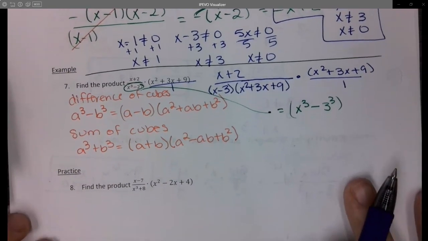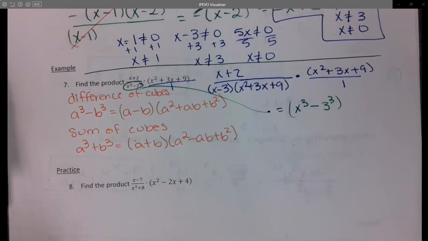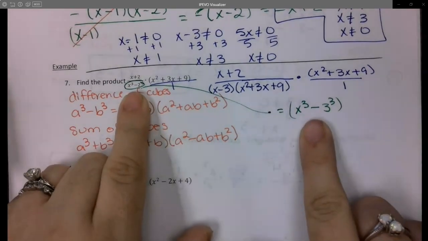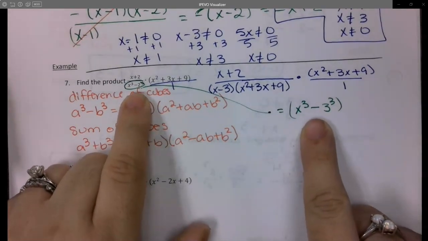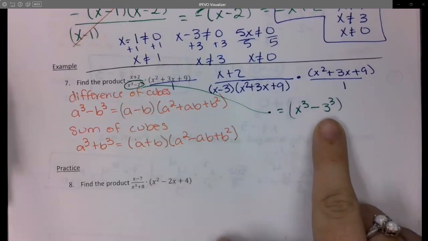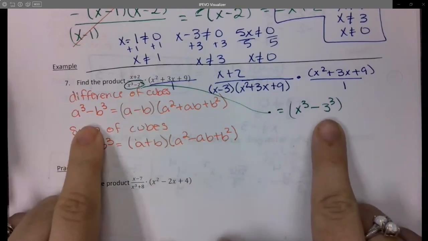Guys, focus on this. So what I did right here is I just found the cube root of each so I could figure out what A and B were. A is X, B is 3. And then I plugged into my difference of cubes formula.